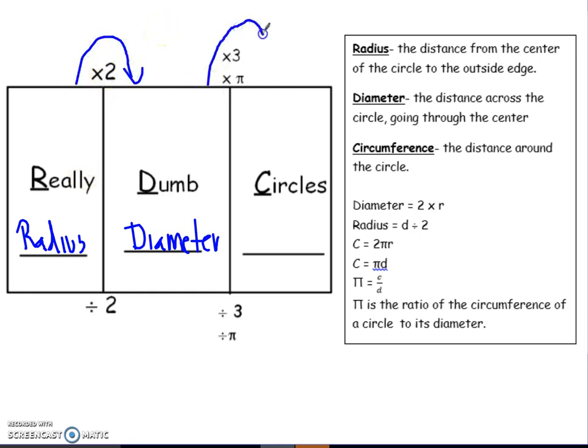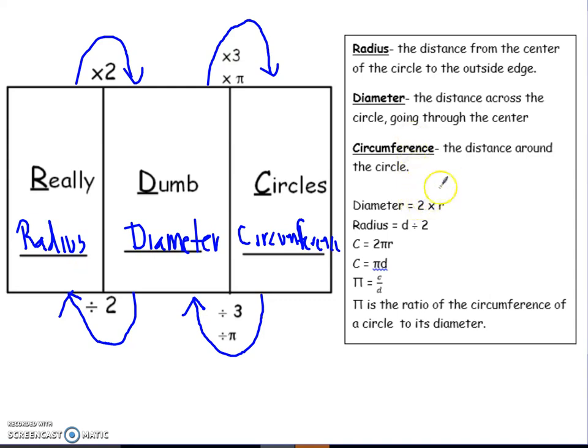And to go from the diameter to the circumference, we are going to multiply by 3 or by pi. Now, if we want to work backwards and go from the circumference to the diameter, we can divide by 3 or divide by pi. And if we want to go from the diameter to the radius, we're going to divide by 2.